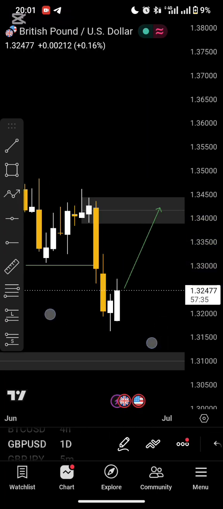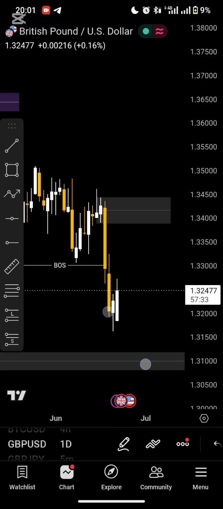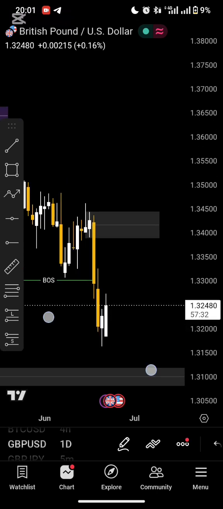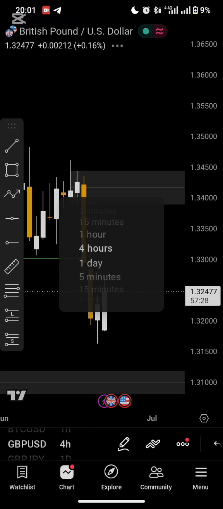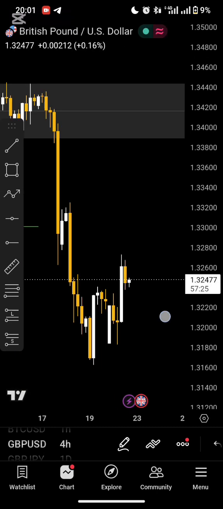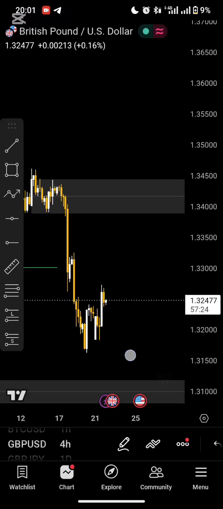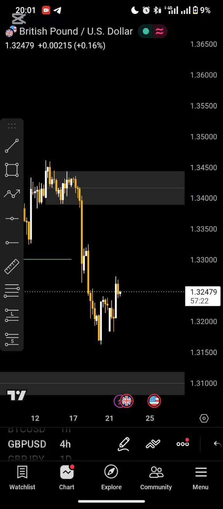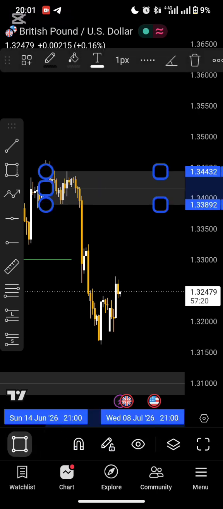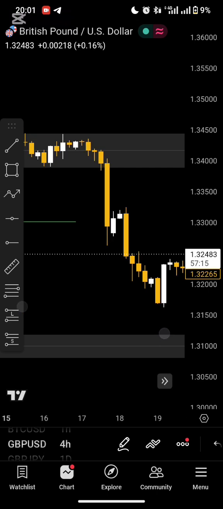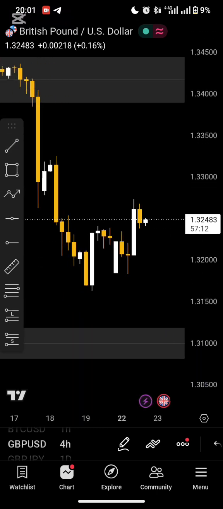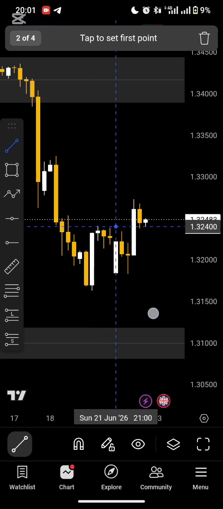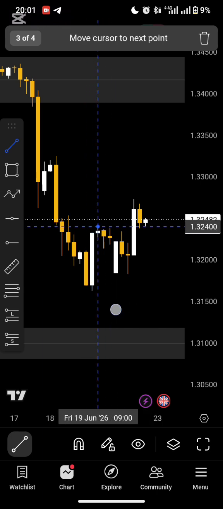Okay, so now let's go into the 4 hour time frame to break down the chart a little bit more and see if you can start seeing our setup. This is the daily order block that we are trying to trade into. In the 4 hour time frame, we can see that price has broken a change of character here.